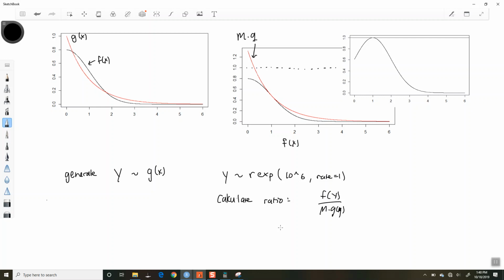Well, maybe I'll just write the intuition here, right? According to the exponential distribution, we generate 0 very, very frequently, okay? And the normal distribution likes 0 a lot, but it doesn't happen with the same frequency as the exponential, right? So in the exponential, 0 occurs frequently.